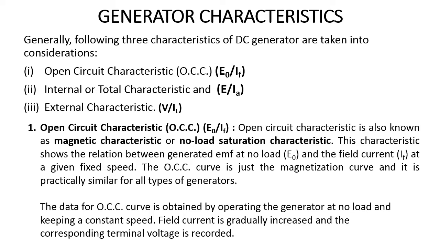The OCC curve is just the magnetization curve, and it is practically similar for all types of generators. The data for the OCC curve is obtained by operating the generator at no load and keeping a constant speed. Field current is gradually increased and the corresponding terminal voltage is recorded.